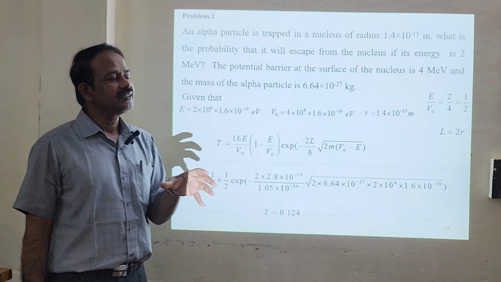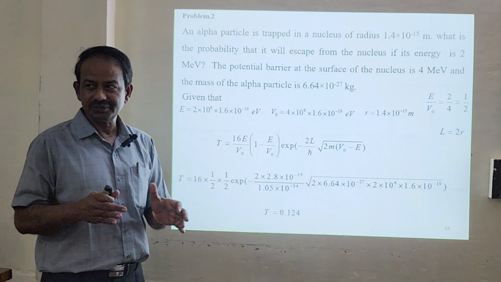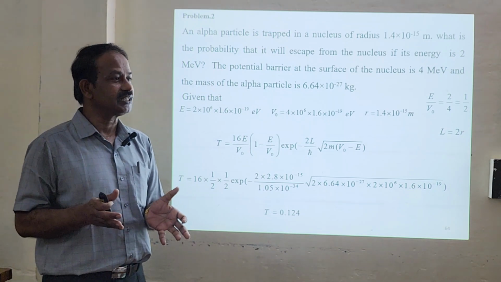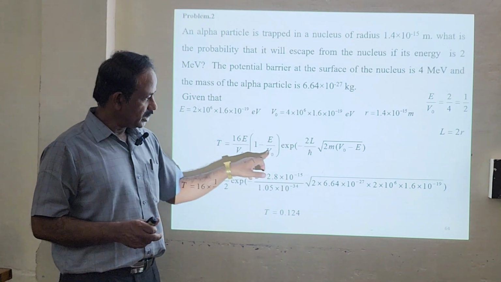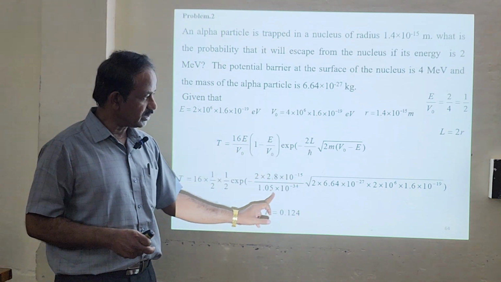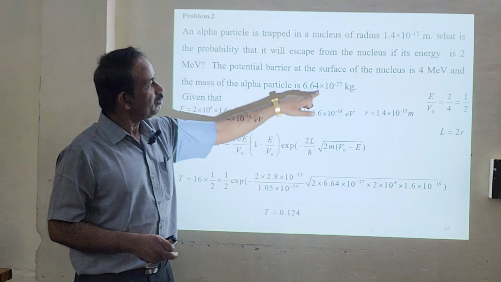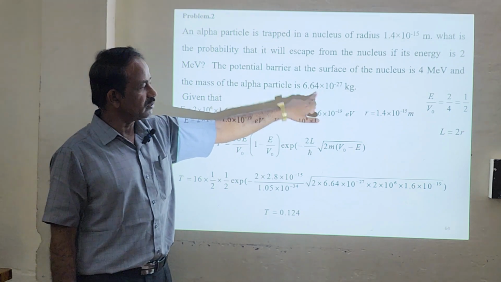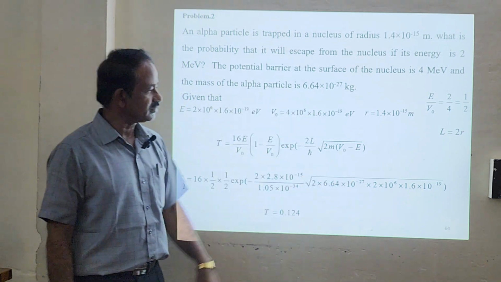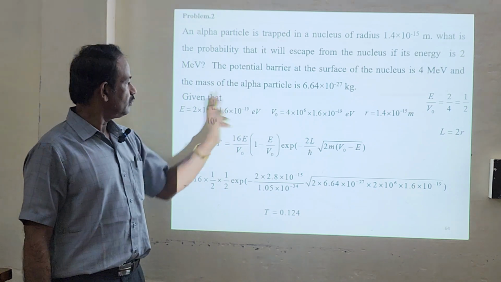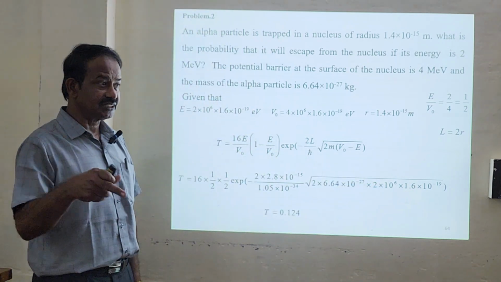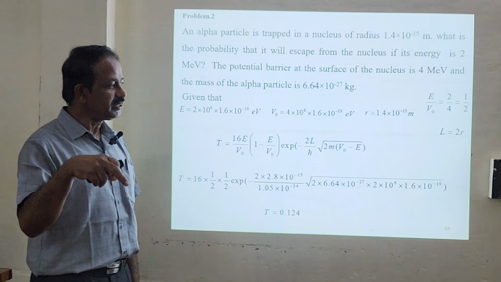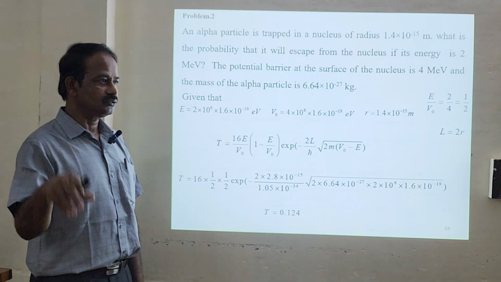This is usually the range of the nucleus, 10^-15; for the atom it is 10^-10. So 2.8 × 10^-15 divided by ħ, whose value is given. 2m will be 2 × 6.64 × 10^-27 multiplied by V0 minus E. V0 minus E will be 4 minus 2, that is 2 × 10^6 mega electron volt multiplied by 1.6 × 10^-19 joules.